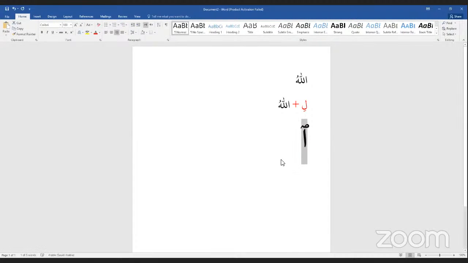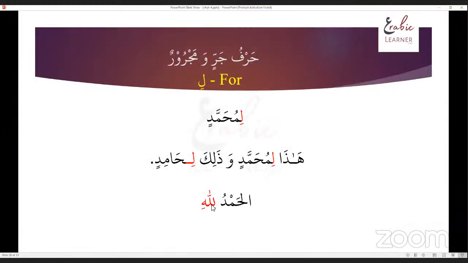And the third thing I told you is it is sometimes completely omitted. In the same way, here also, the moment li is attached, that Hamzatul Wasl drops and it becomes Lillahi. Alhamdulillahi. These are the examples of li.